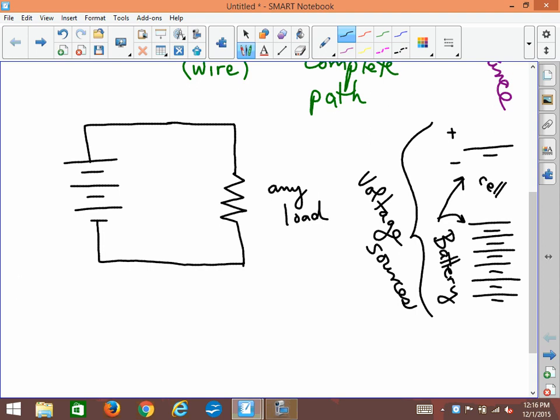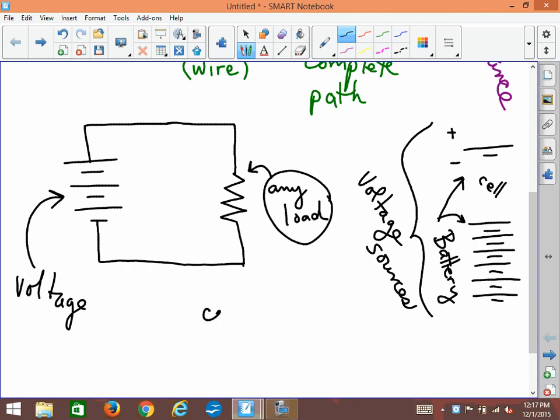So we have our voltage source, which in this case is the group of cells here. Now, you could also have a generator as a voltage source. You could also have a variable voltage source, and we'll talk about all those later. And then I have my load over here. And I have my conductor, which is the wire that's conducting them together.